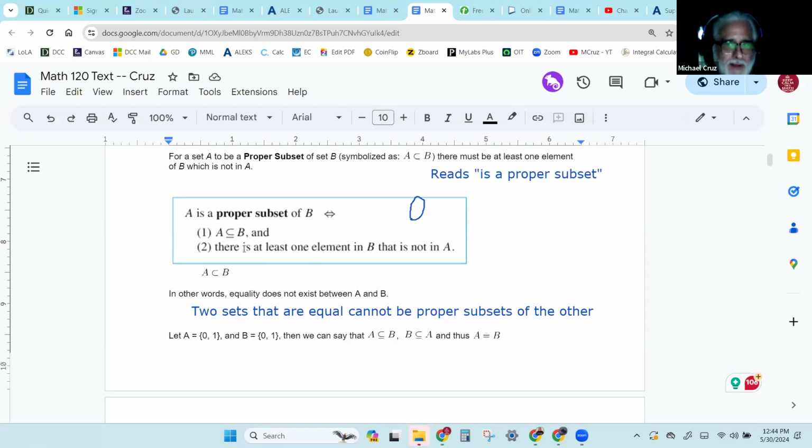You can also look at it like this, that there's at least one element. It doesn't have to be just one. It could be 2, 3, any number. It's just that they cannot be equal. Okay? Makes sense?